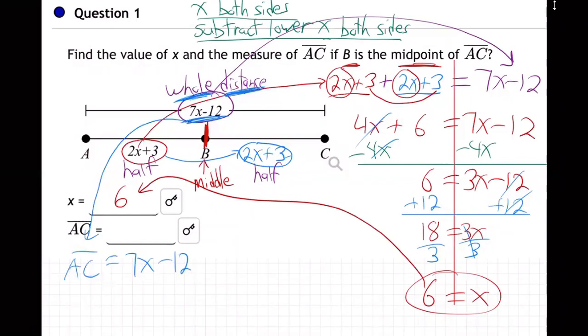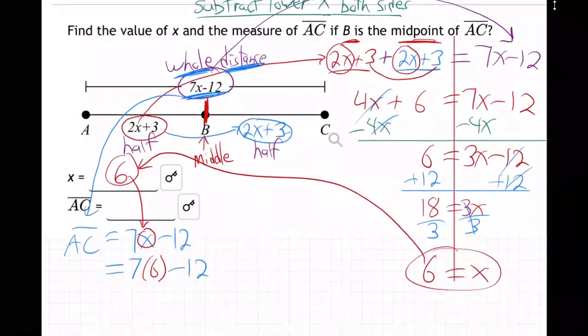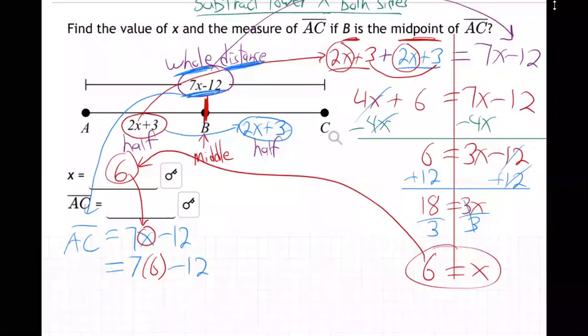Okay, and we actually know x now, don't we? It's 6, because we got it right here. So I plug the x value I got, the 6, in for x in the formula 7x minus 12.